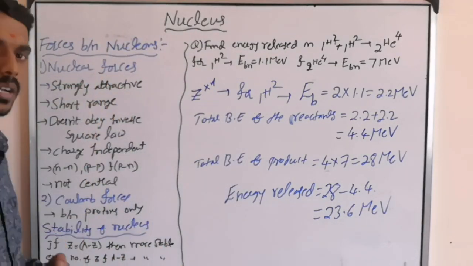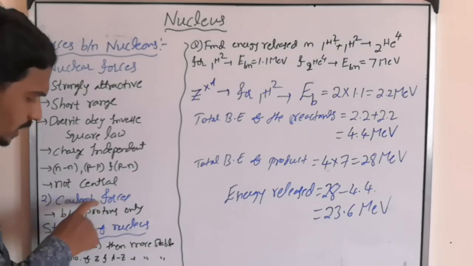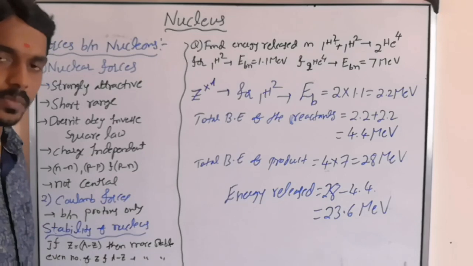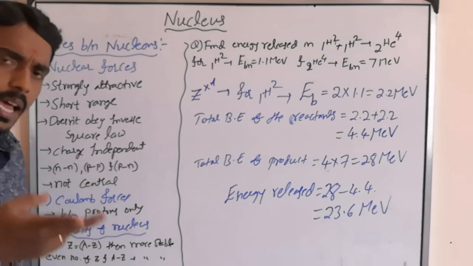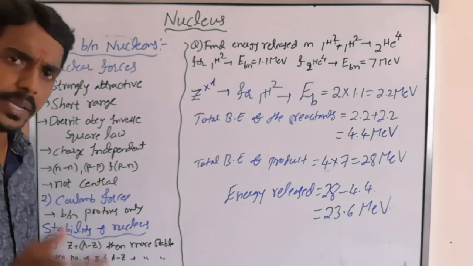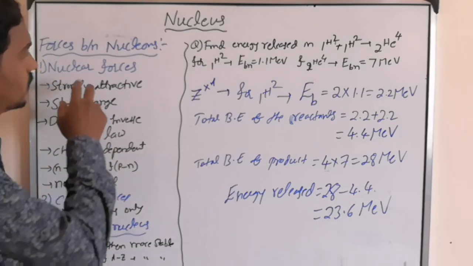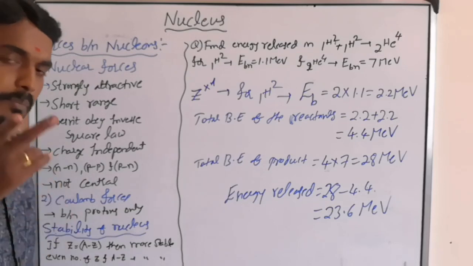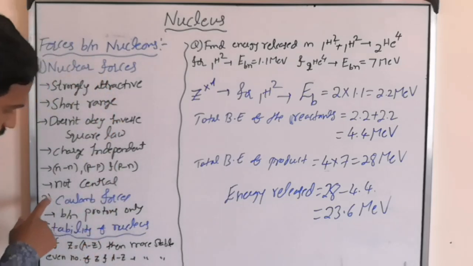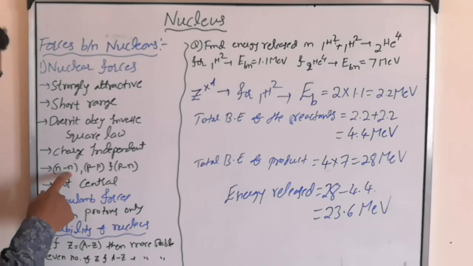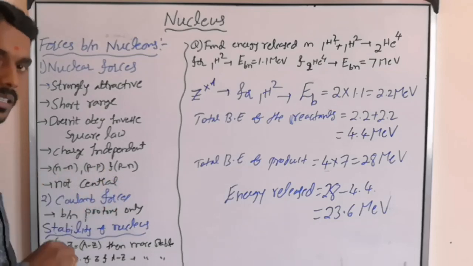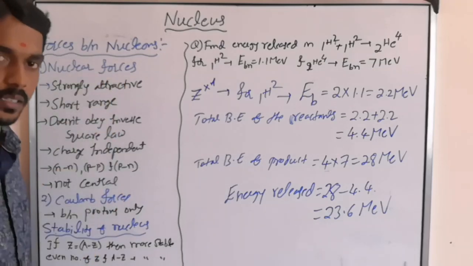So the first one is nuclear forces, and the second one is Coulomb forces. Why are we saying Coulomb forces? Because between proton and neutron, nuclear forces. Between neutron and neutron, nuclear forces. Between proton and proton also nuclear forces. See, these are the combinations like NN, PP, PN. Between any such combination, nuclear force will be there.